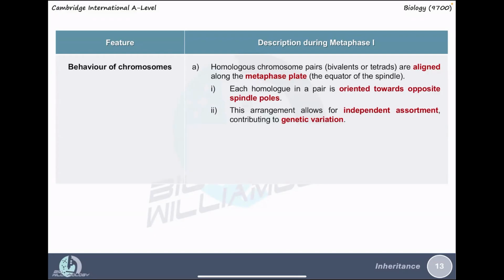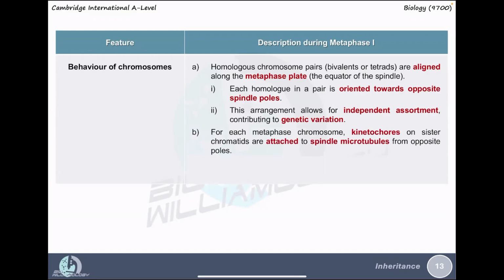At this moment, do not worry about independent assortment. On the next topic, we are going to learn how independent assortment as well as crossing over help to contribute to genetic variation in the gametes.